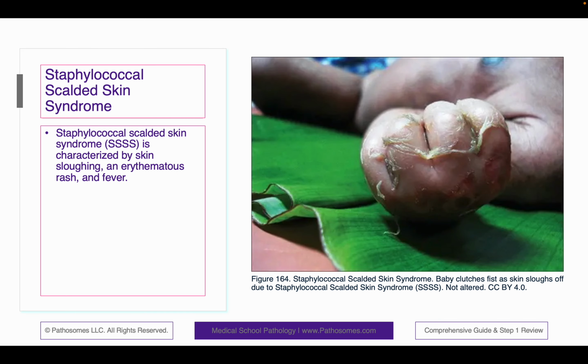Now, staphylococcal scalded skin syndrome. This is important. Shows up a lot. Staphylococcal scalded skin syndrome is characterized by skin sloughing, an erythematous rash, and fever.